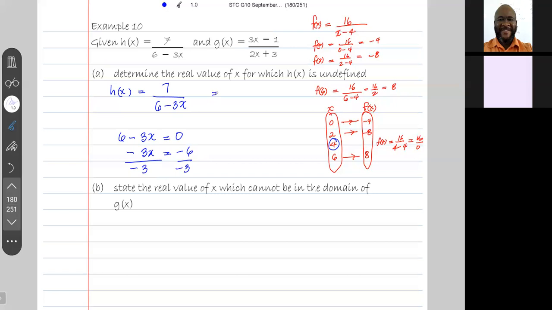And we get x is equal to 2 is the value of x for which h of x is undefined.